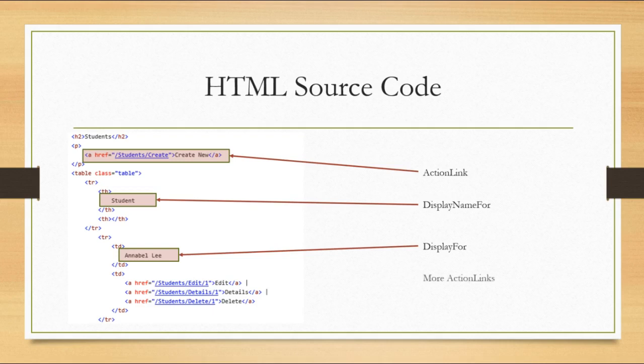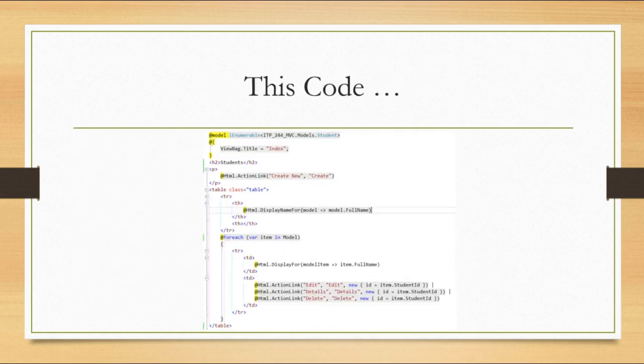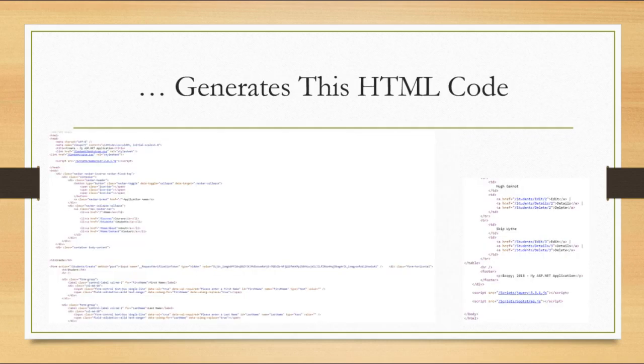And at the bottom we have the three links for edit, details, and delete, which are three more anchor tags. So that's how all this fits together. We use the HTML helpers. It creates the HTML that we see here, which then renders the page that we saw previously. So this little bit of code here generates all this code. Our Razor code generates all this HTML that then goes into the web page for the view.